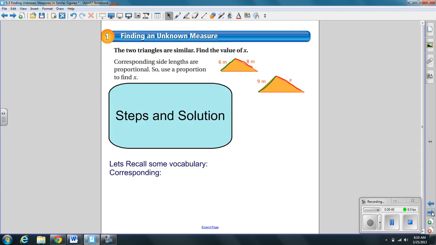We have two figures that are similar. If you take a look at figure 1, the left measure in green is 6 meters, and its corresponding part is 9 meters. And we have another side here that measures 8 meters, and we'd like to find the missing side, x.